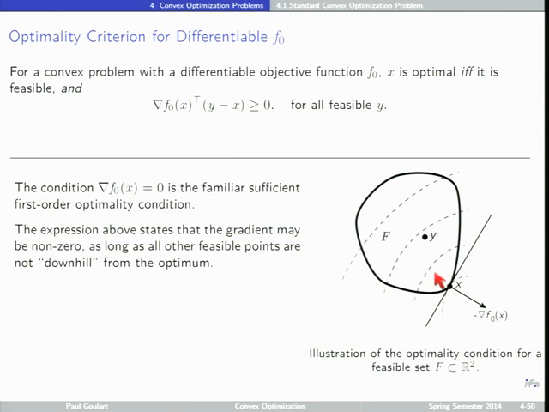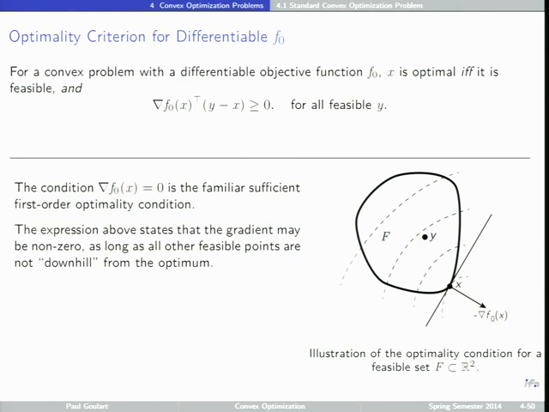And if I had an unconstrained optimal solution, then the gradient would be 0. If I have a constrained optimal solution, then if I suppose that this point is the optimal one, I find that the negative gradient of the function, which is pointing downhill, has to point in the opposite direction of a vector pointing towards any other point in the set.